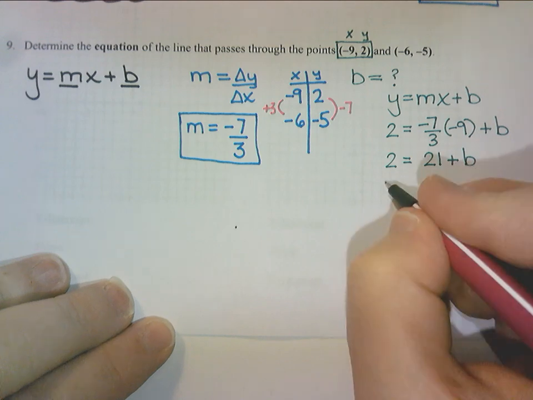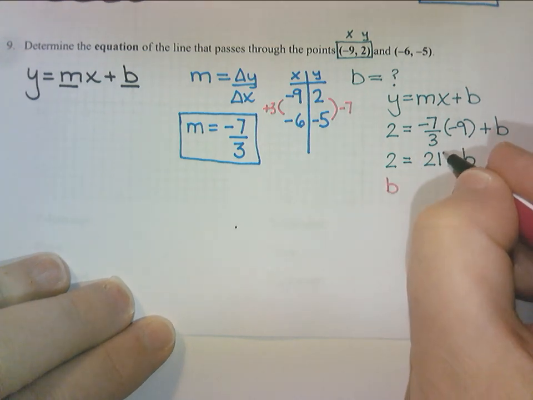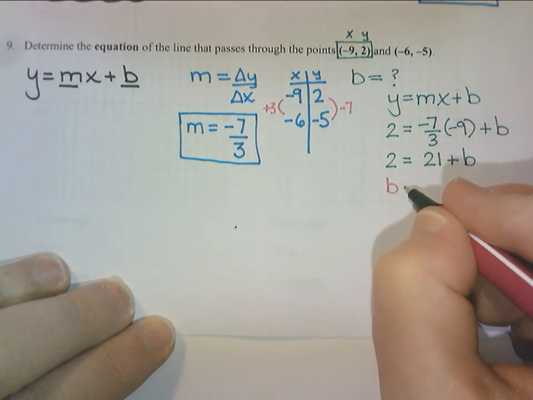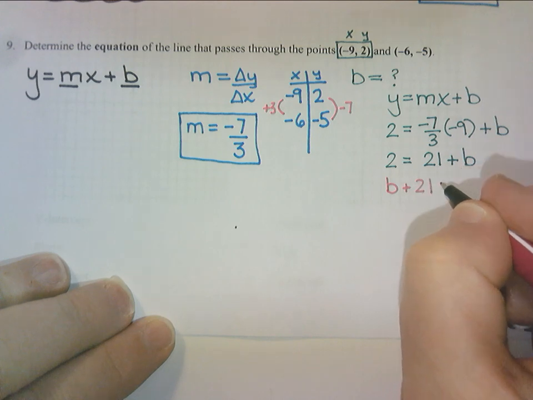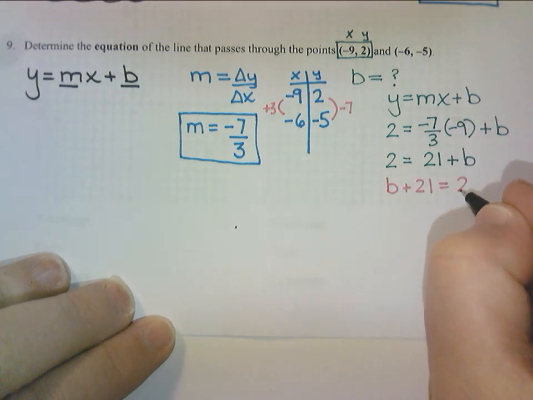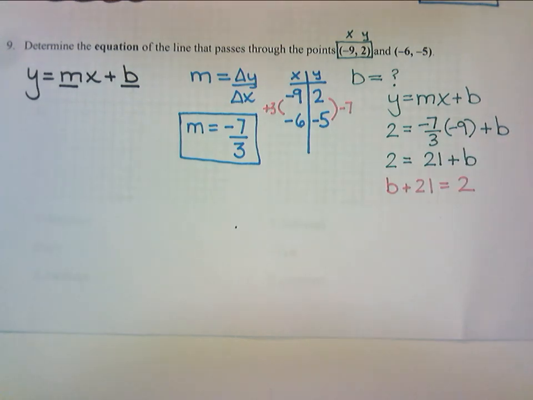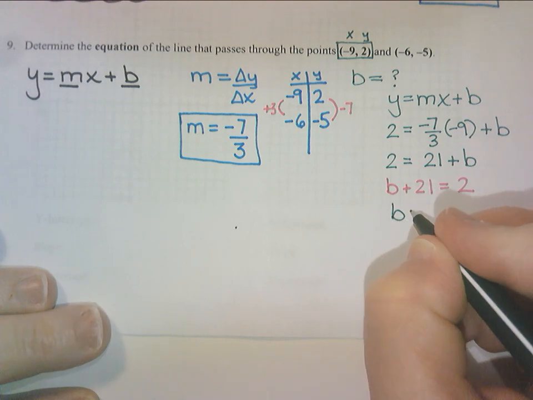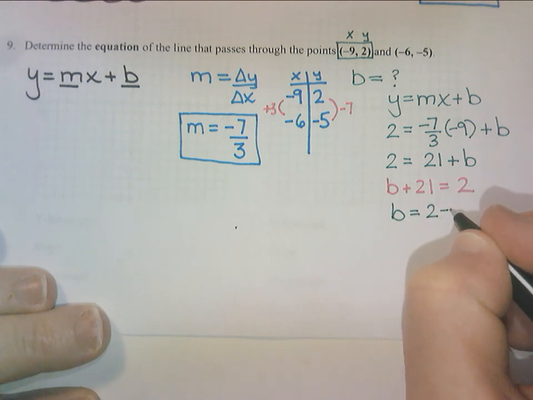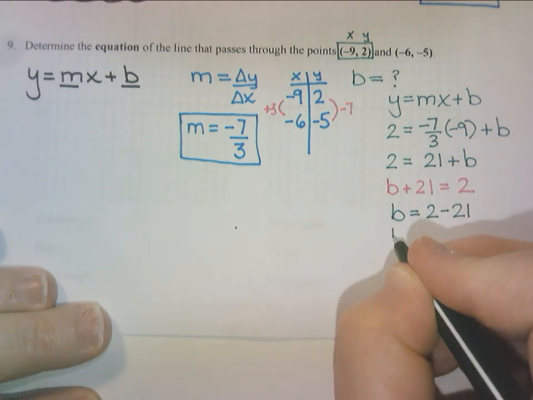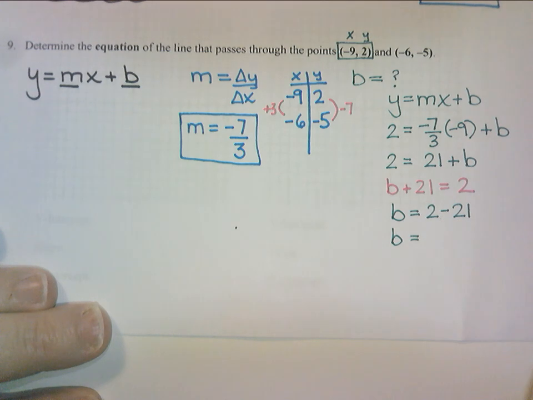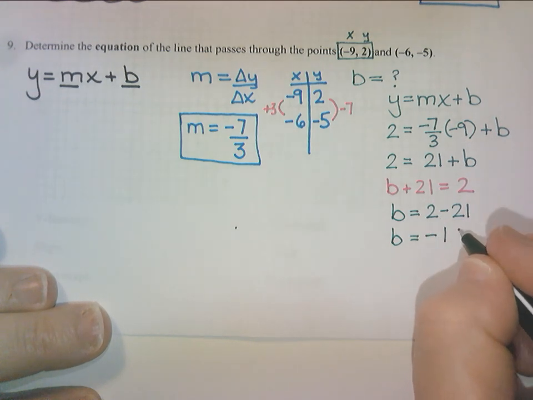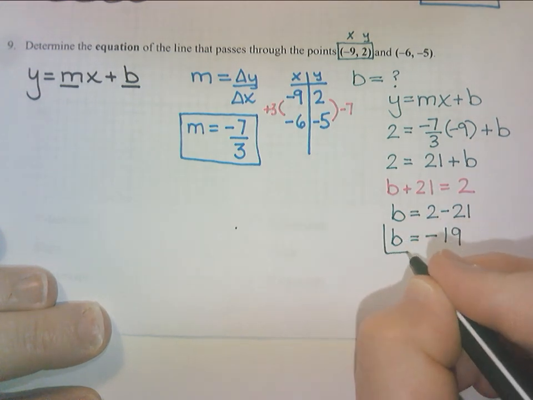So the b is positive, so I'm going to put +b. The 21 is also positive, so +21. And then I'm moving the 2, we're switching it to the other side. Okay, from here, if I want to solve for b, b equals 2 take away 21. And 2 take away 21 is -19. You can use your calculator if you need to.